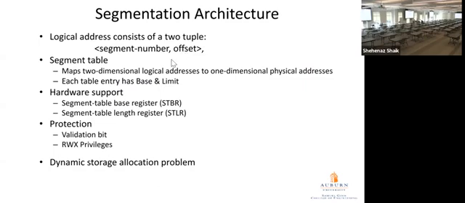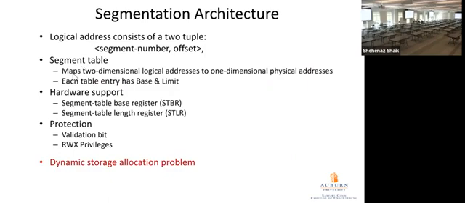Now that we have the entire process address space split into multiple segments, and each segment is loaded in a different part of the physical memory, we want to know exactly where each segment is loaded. So that information is stored as part of the segment table.